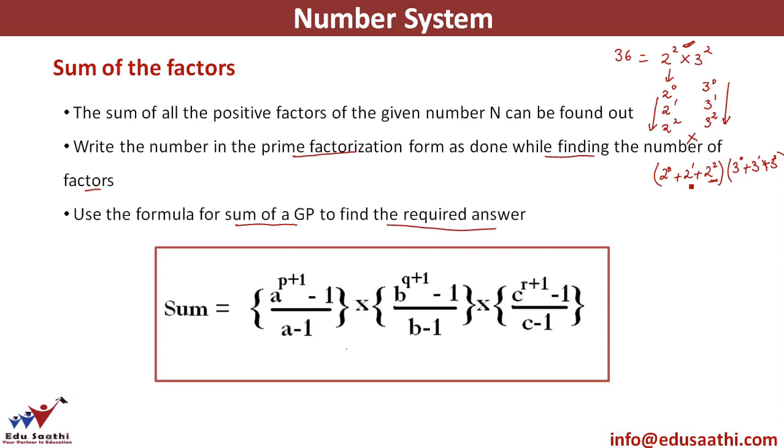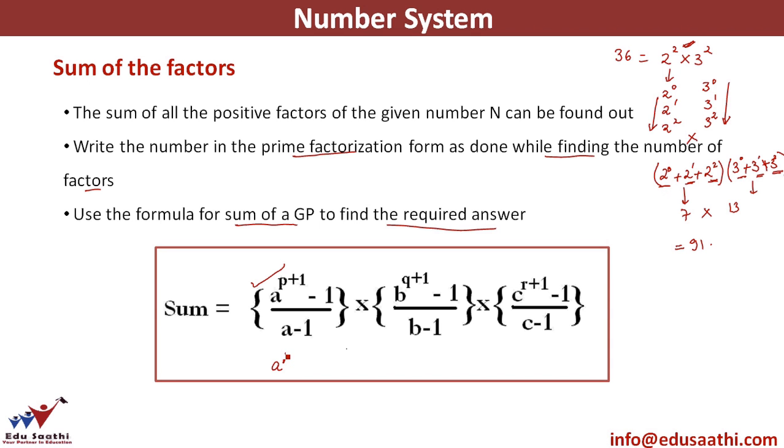That is 1 plus 2 plus 4, which is 7, into 1 plus 3 plus 9, which is 13. So 7 into 13 would give me the sum of all the factors of 36, which adds up to 91.